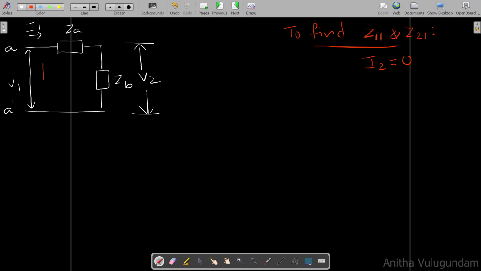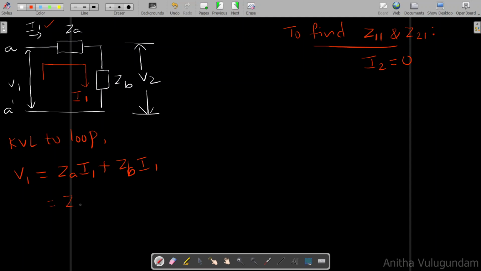Now, according to the direction of I1, I can write it in this way. I1 is flowing in this circuit. By applying KVL to the loop, we can write V1 equal to ZA into I1 plus ZB into I1.